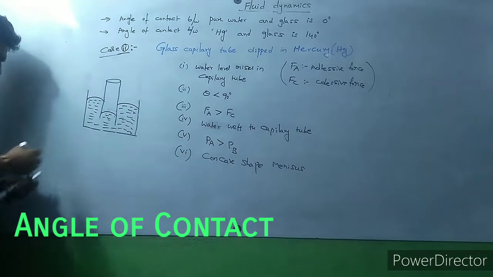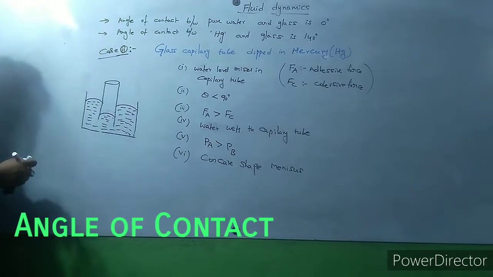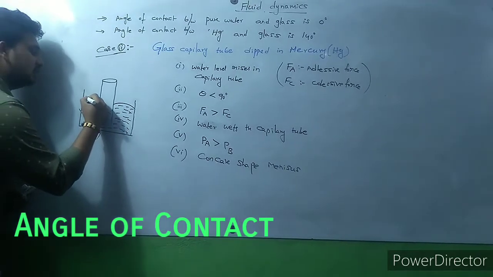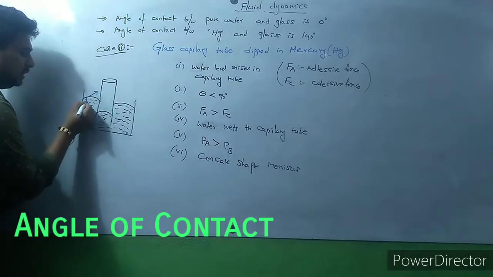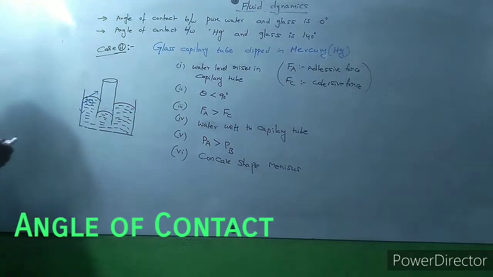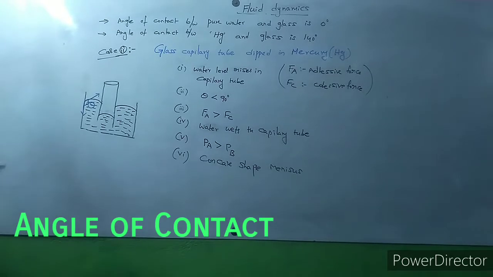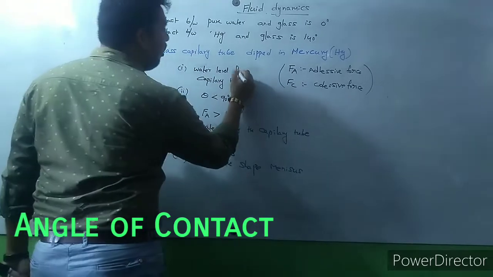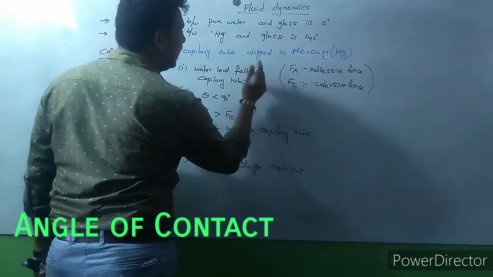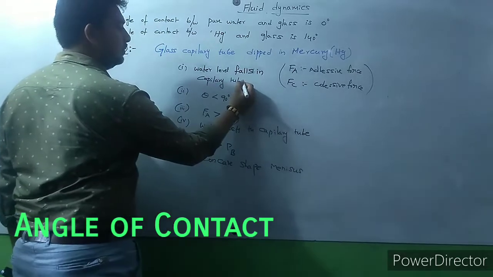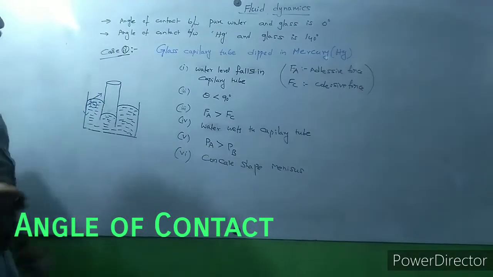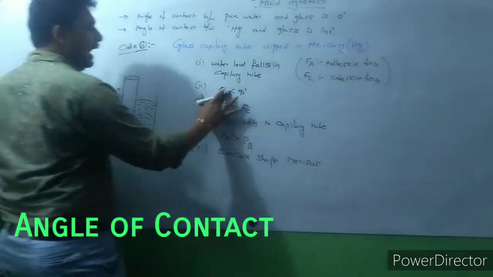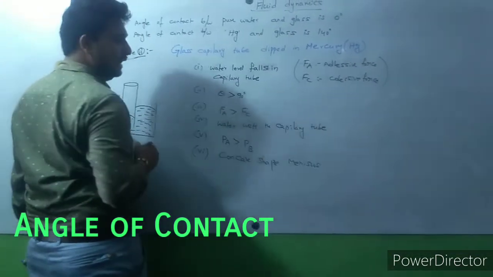Here is the angle of contact. How are we taking it? This is the solid, and this is the tangent drawn to the liquid surface. In between, the angle is theta. Observe carefully. Whenever a glass capillary tube is dipped in mercury, the level falls in the capillary tube, and the angle of contact theta is greater than 90 degrees.